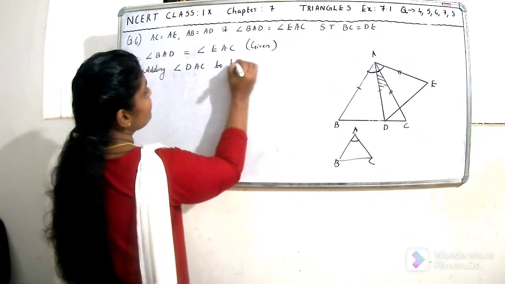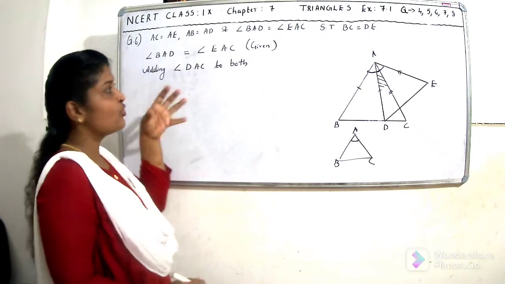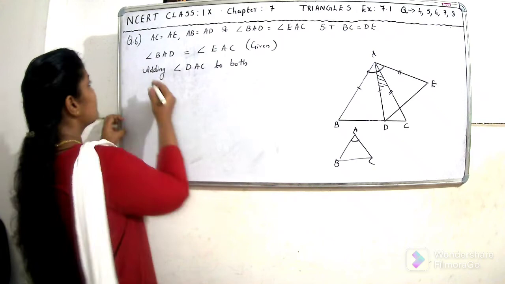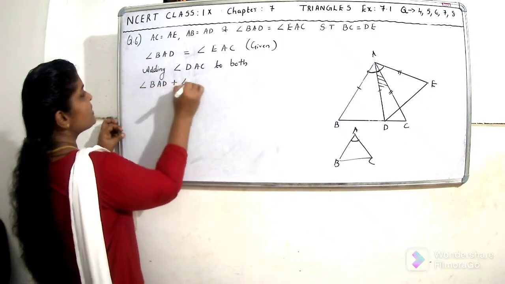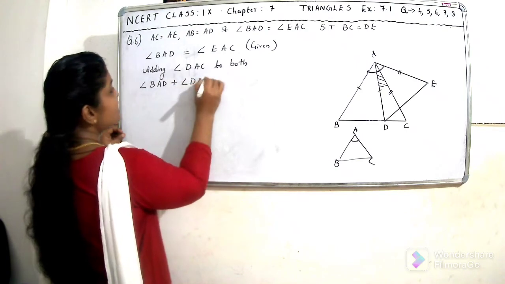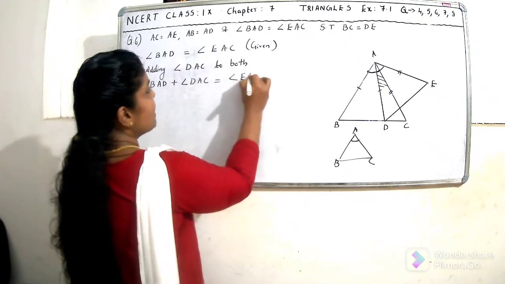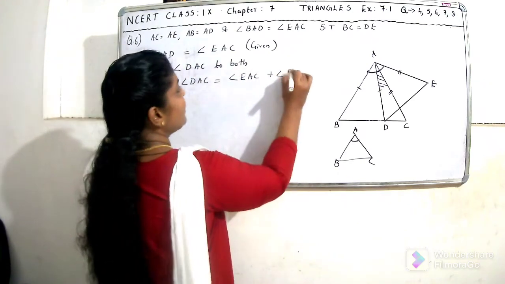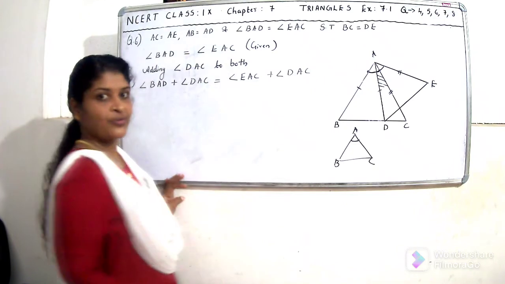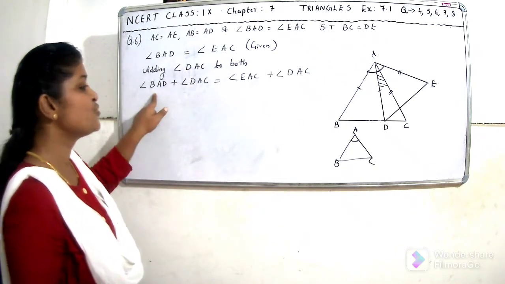So angle BAD plus angle DAC equal to angle EAC plus angle DAC. We added.